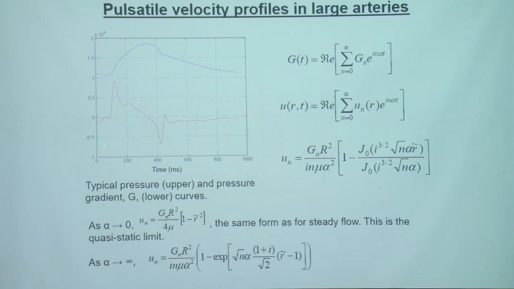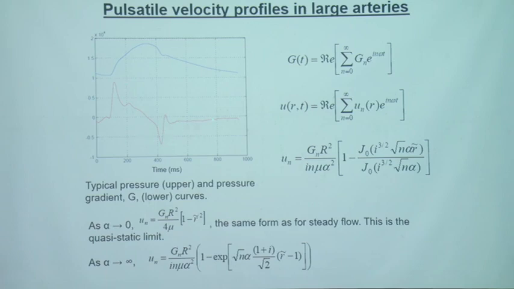This shows the typical pressure and the pressure gradient curves, right? The pressure curve is the upper curve, which resembles the pressure curve that we saw earlier. This is a representative pressure wave corresponding to a given delta, and this is the corresponding pressure gradient.